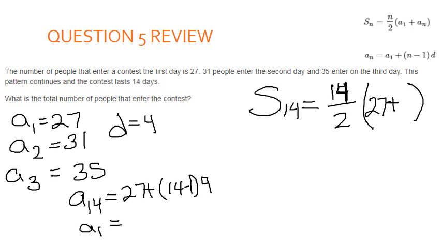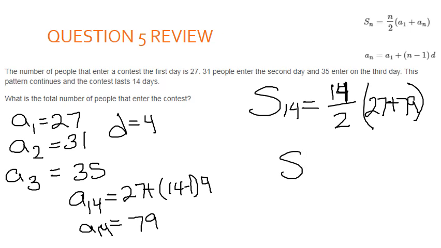So a sub 14 is going to give me 79. That means 79 is my 14th term. Then we have to find the sum of all 14 days.